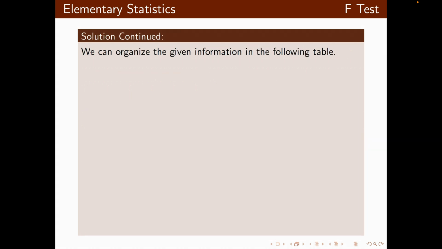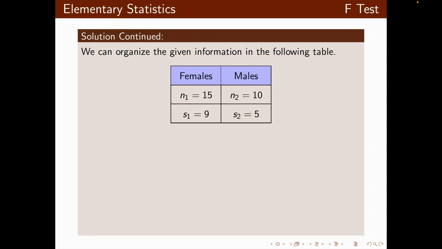Now we're going to organize the information in the table. So for females, the sample size is 15 and the standard deviation is 9. And for the males, the sample size is 10 and the standard deviation is 5. We verify that S1 is greater than S2.